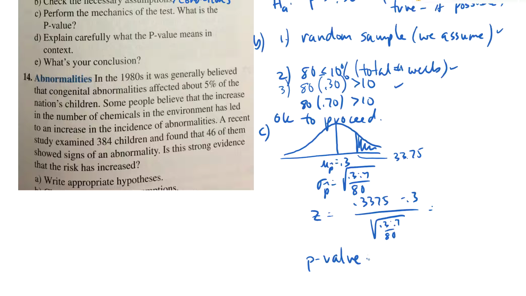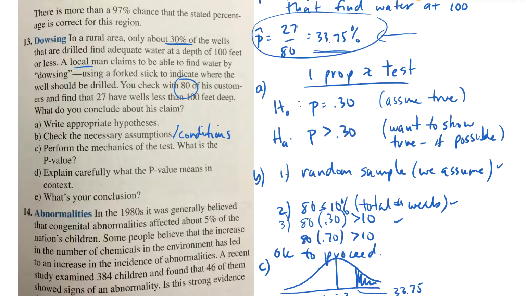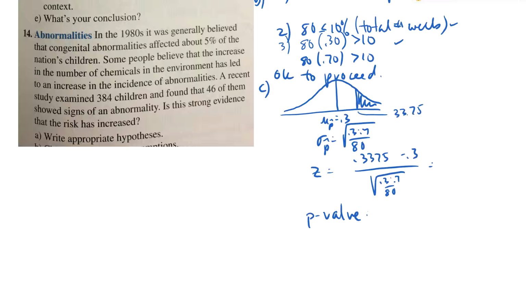Under stat, tests, 1 prop z-test. P0 is 0.3. X is 27, N is 80.